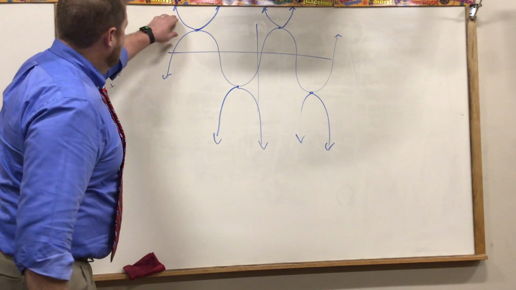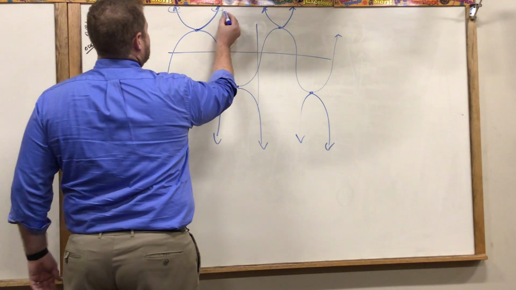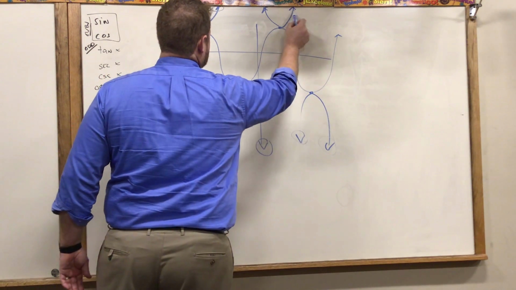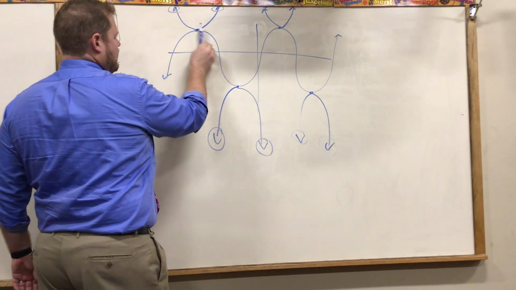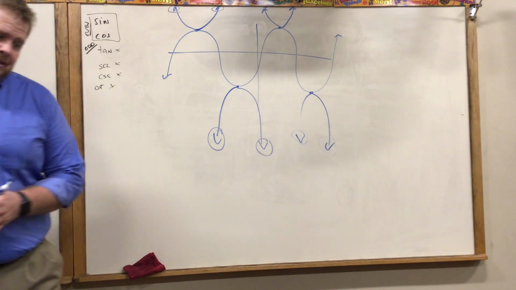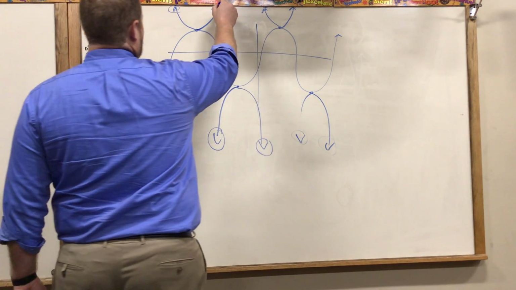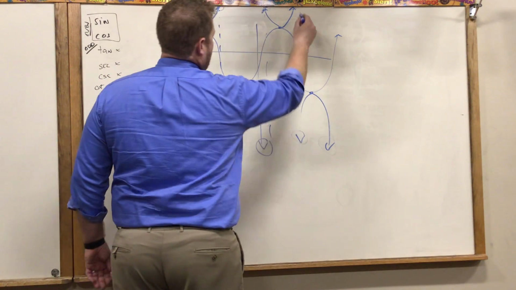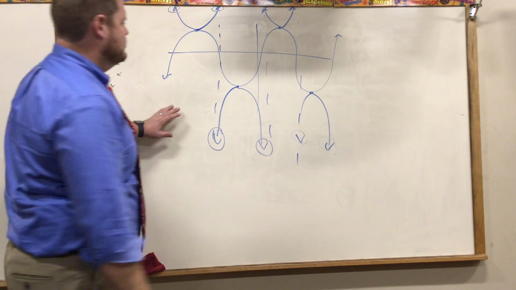Why? Because the two ends have to both be up or both be down, because this is even. Does that make sense? So what you're going to do is graph a bunch of parabolas, because why? Remember, what happens here? What happens here? What happens here? Your answer is going to go undefined.